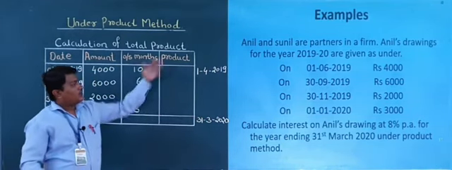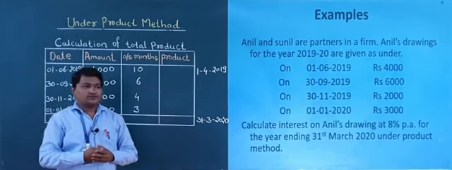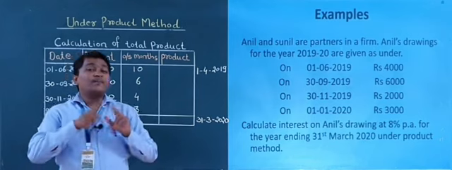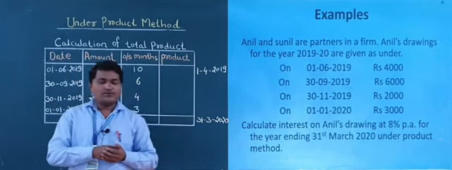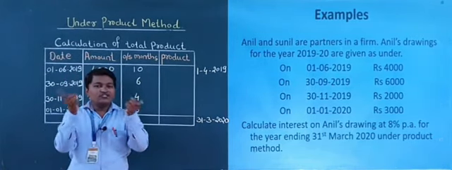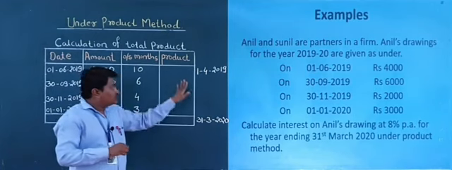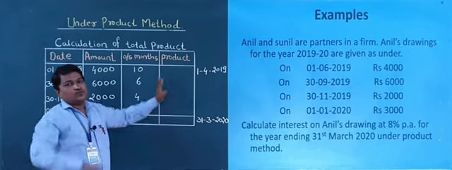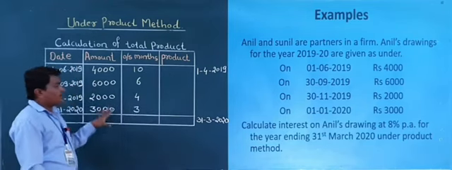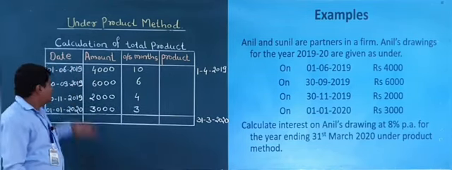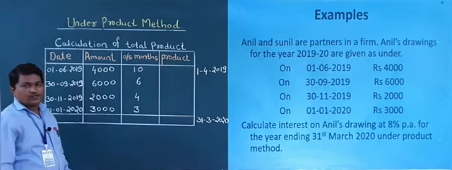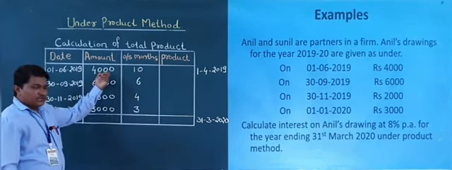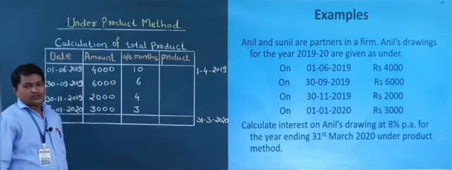Now go for the last column, that is product. As you know, what is product? Product is the result of multiplication of two numbers. It means we need to get here the result of multiplication of two numbers. So in this table you find two numbers. This is date, this is not. We go for numbers. Here there are two numbers, one is amount and one is outstanding month.